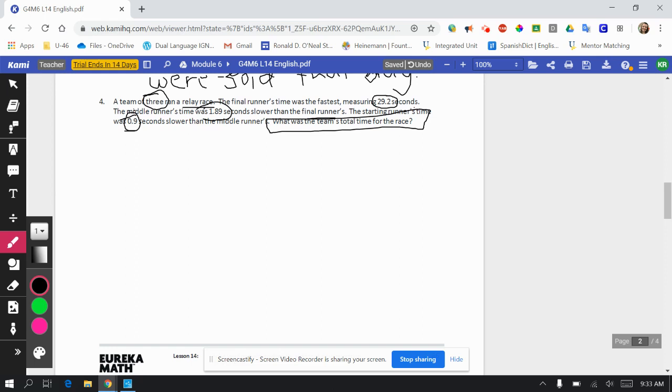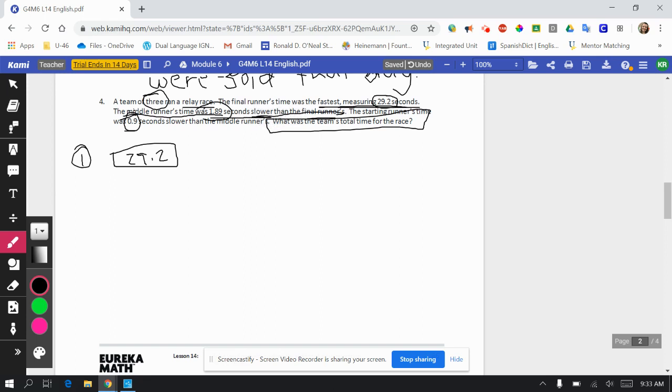Okay, so we've got runners. This one was the fastest, okay, and it was measured in seconds. So I'm going to go ahead and record that. We're going to call him runner 1. 29.2. And then the middle runner was 1.89 seconds slower than.